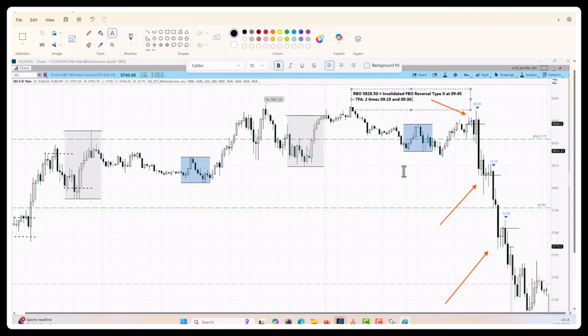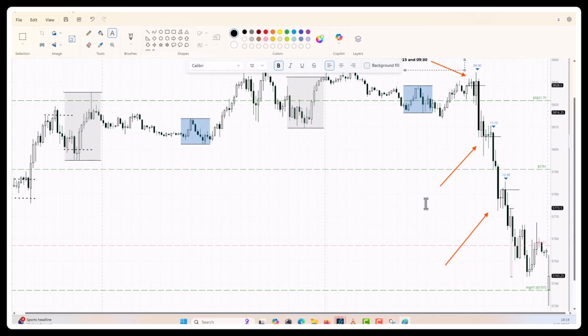We have to keep the level right here, the key level on the daily time frame, 58.21.75. Yes, 2 times right there. And we know that in the high time frame, if one breaks this level, it will continue to break. So let's leave it there for now.